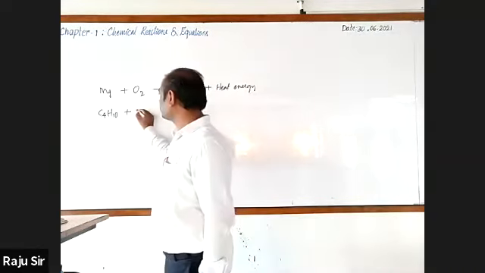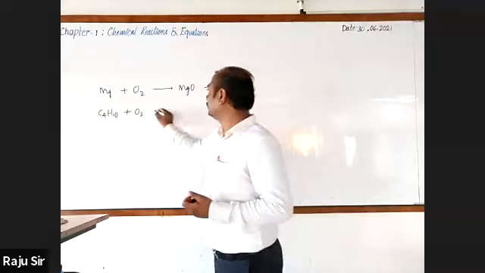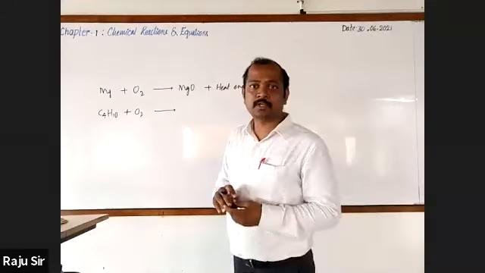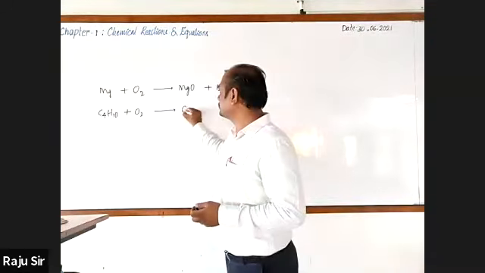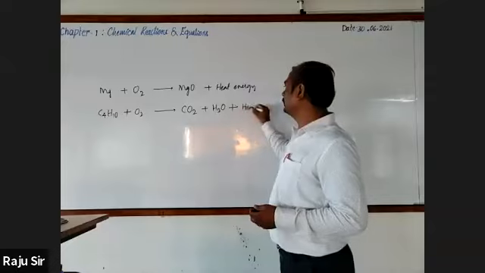When a spark is touched to this, immediately it catches fire by reacting with oxygen to form carbon dioxide and water. And here also a very good amount of heat energy is being released.